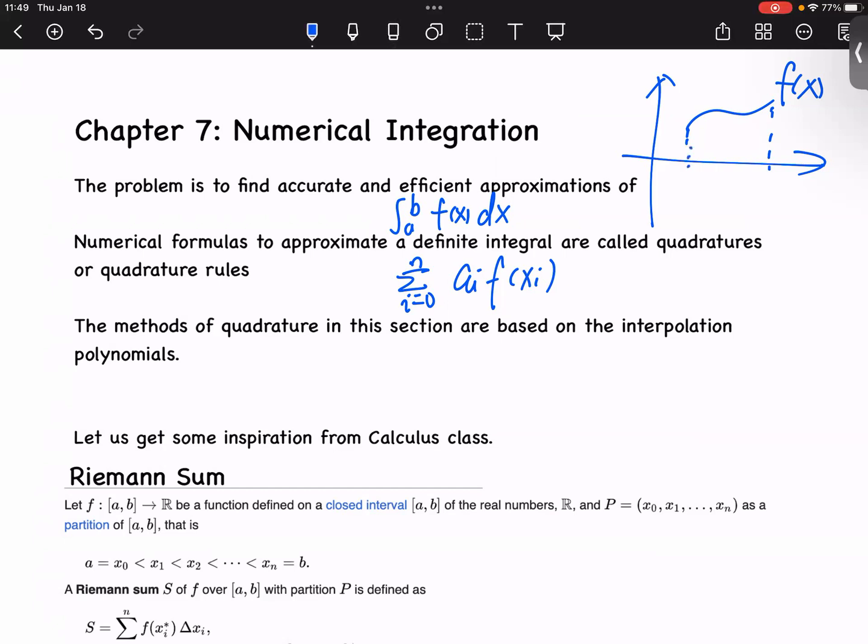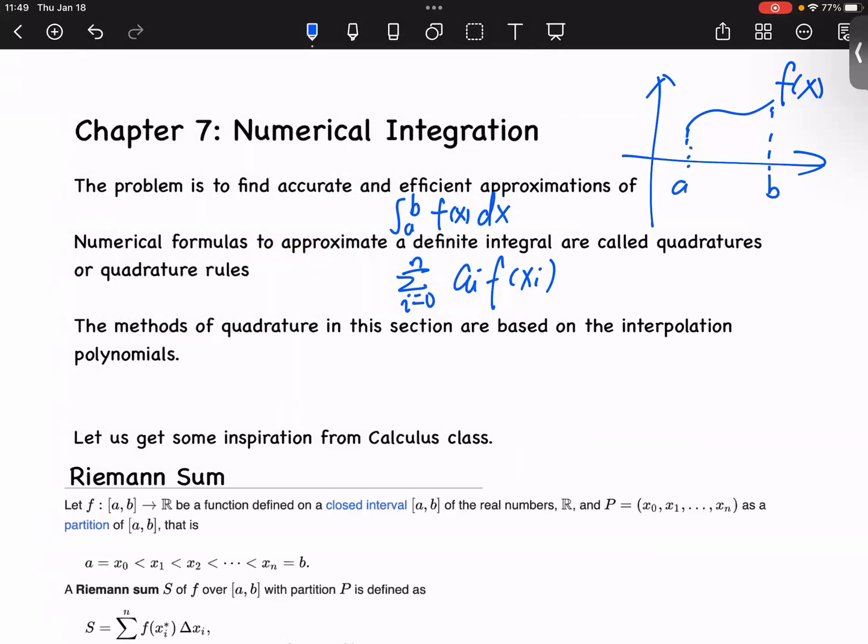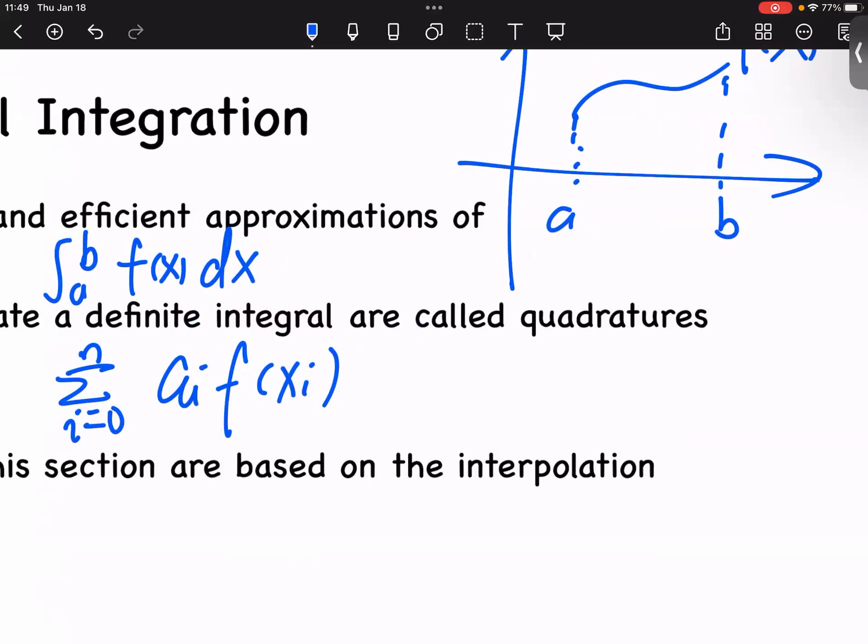So we are partitioning the interval into n parts. I call the first nodal point x0 and the last nodal point xn, which means that I have n subintervals here. We have x1, x2, x3, and so on and so forth.